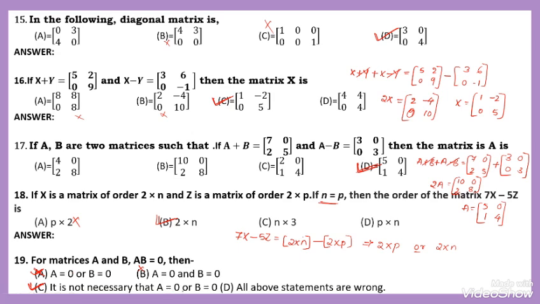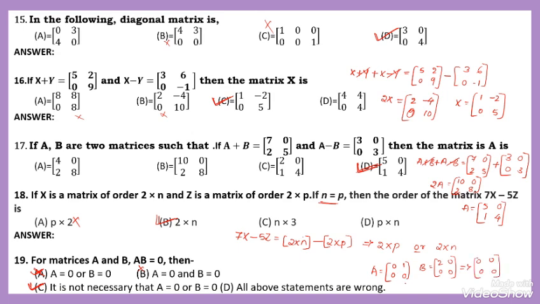It is not necessarily that A is equal to 0 or B is equal to 0, because I am taking the multiplication of this matrix A with elements 0, 1, 0, 0 and the matrix B with elements 2, 0, 0, 0. While taking the multiplication, 0 into 2 is 0, 1 into 0 is 0, and again 0 into 0 is 0.